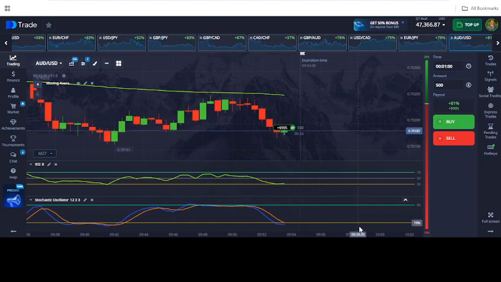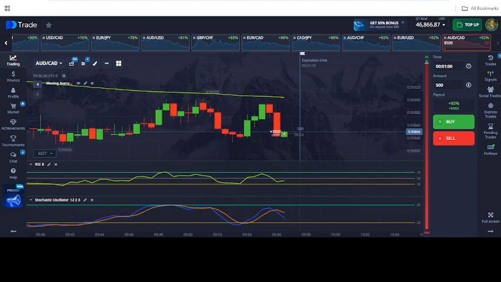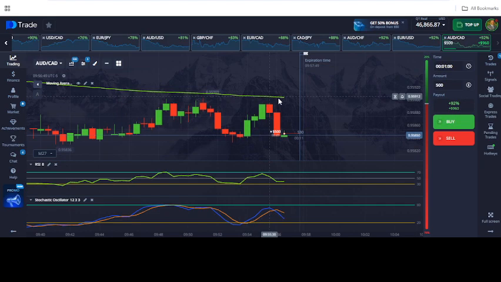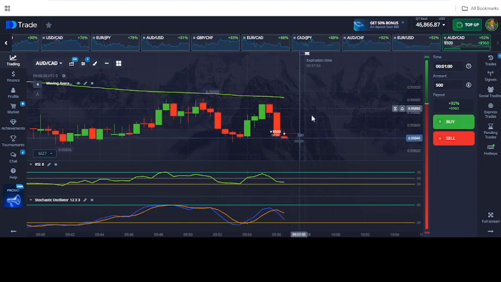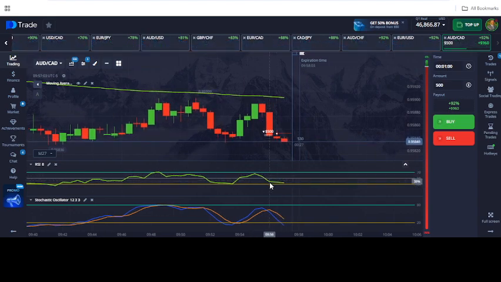All right, so let me pause the video and look for the next setup. Okay, so I'm on the Aussie dollar, Canadian dollar, and I just took a sell trade here. The reason why I took the sell trade is you see the 150 EMA line here. All the candles are below this line, suggesting a continued bearish movement to the downside. In addition to that, the green RSI line has crossed below the 50 line in a downward direction.